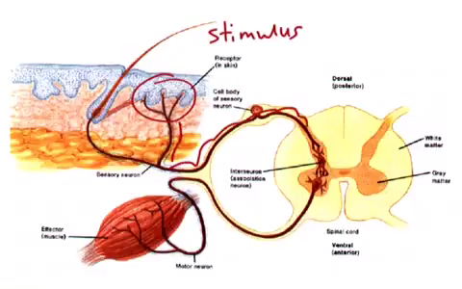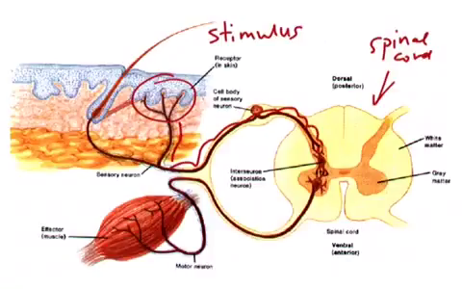Now we can see a cutaway section of the central nervous system here. This is the spinal cord, a cut-through section of it. So the electrical signal travels down the sensory neuron, leaping across the myelin sheath into the central nervous system. Now you can see another kind of neuron that's been put in here.